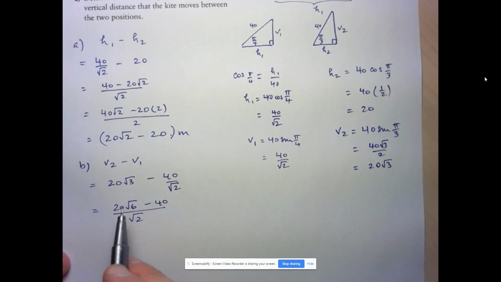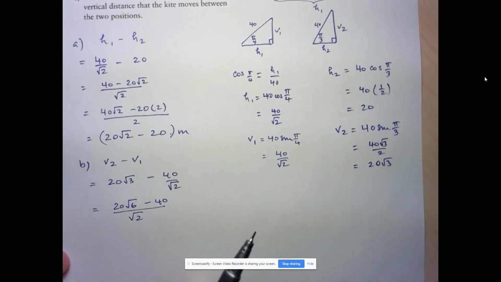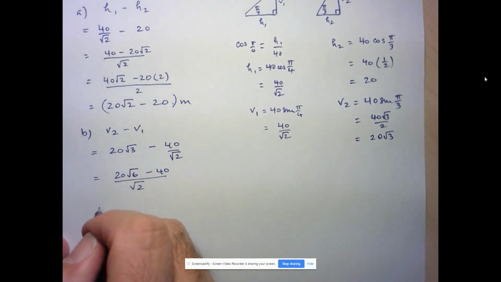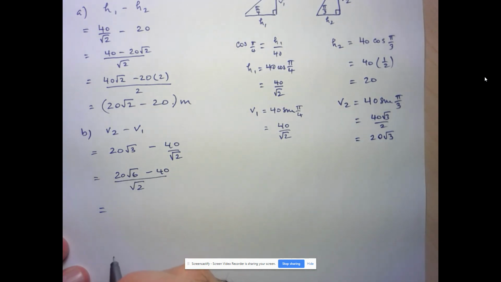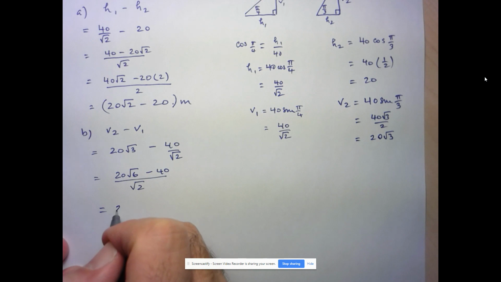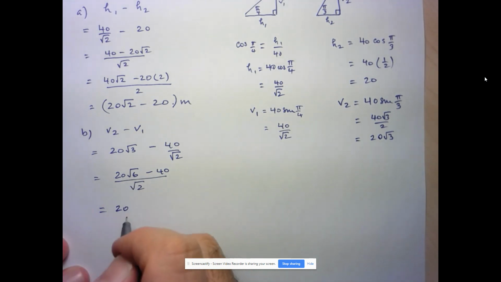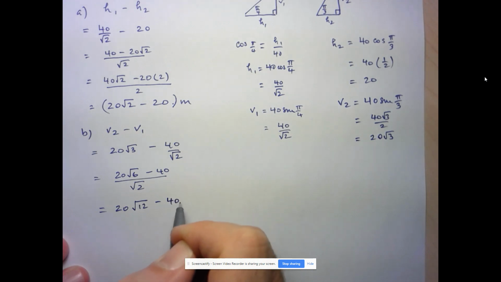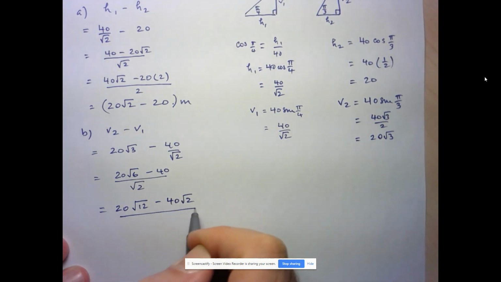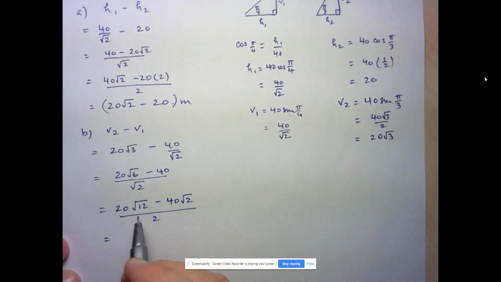This would be an acceptable answer if you weren't rationalizing, but just for the fun of it, let's rationalize here. So I'll multiply numerator and denominator by root 2. So this is going to be 20 times root 6 times root 2 is root 12 minus 40 root 2 over, well, root 2 times root 2 is 2. So we can simplify this by, again, distributing our division here.